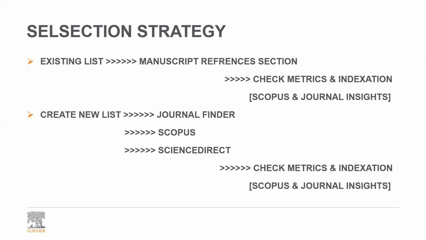Another strategy is to have a new list, coming from using Journal Finder based on the manuscript, the abstract, the title, and the keywords. I can also create a new list based on Scopus, by subject area and topic, and I can create a new list using Science Direct, also based on the subject area. After getting all of these new lists, I need to check the metrics and indexation using Scopus and Journal Insights. And these are all the strategies that can be used to find the appropriate journal.